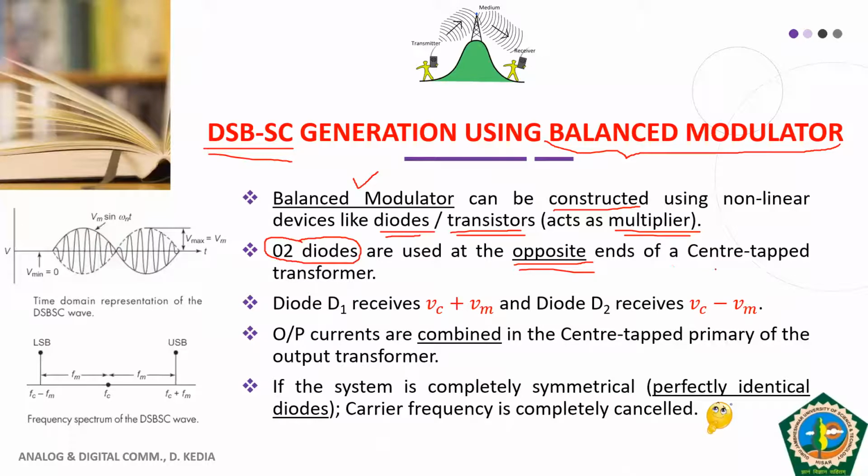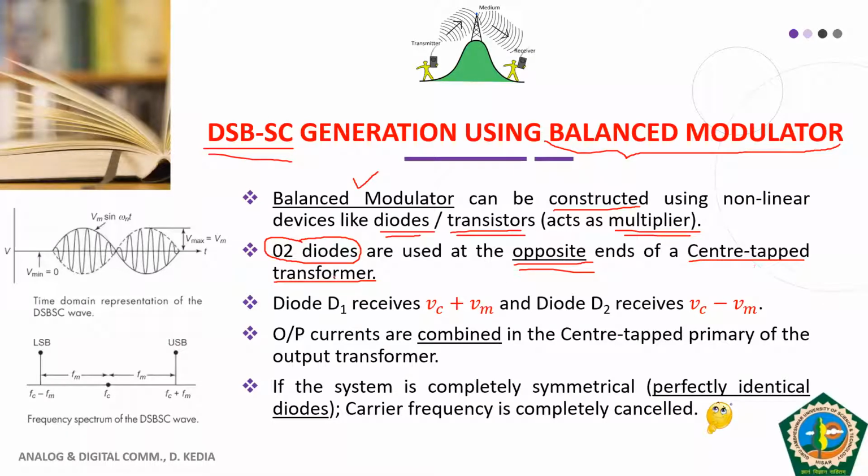Another thing that we use in this circuit is a center tapped transformer. I hope all of you are already aware of this. We know a transformer has a primary and a secondary, and it induces voltage from primary to secondary. Center tapped means the coil present in the transformer is tapped at the center. If you look at the circuit on the next slide, you'll be able to see that.